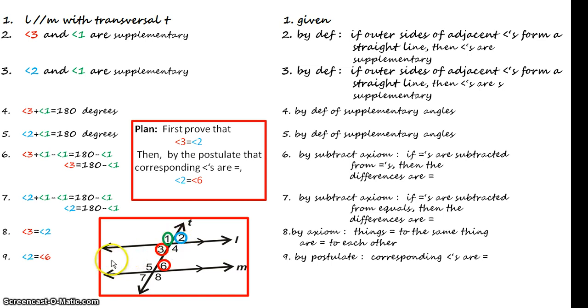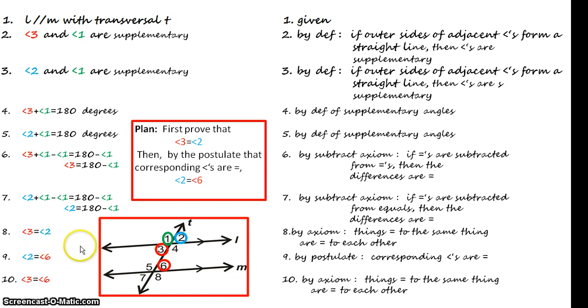So now we're almost done. We have 3 equaling 2, we have 2 equaling 6. So you got it. Now we can conclude that angle 3 must equal angle 6. And that is by the axiom, again, that things equal to the same thing.